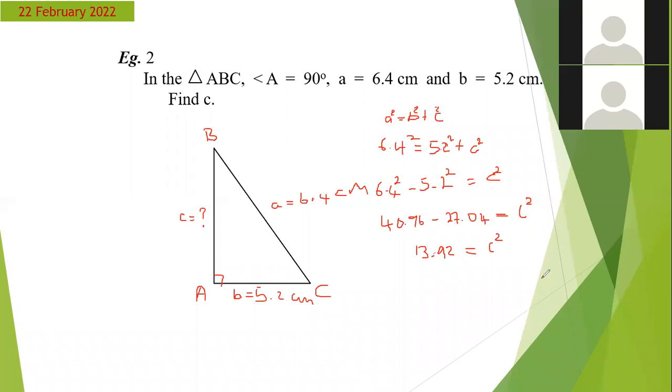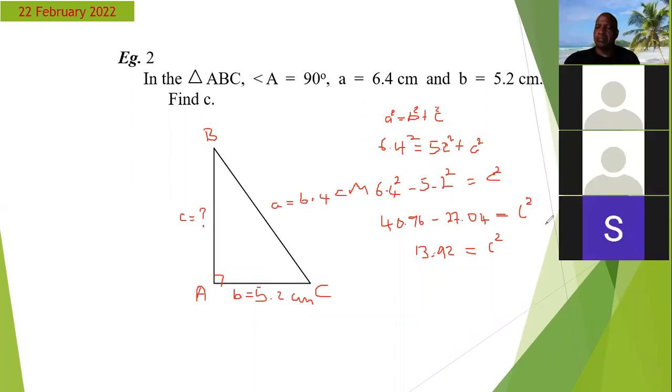Mr. Lamar? That's what you got? So then you'd have to find the square root. Okay, but I was just checking to see whether or not you get C squared to be 13.92. You got that? Yes, sir.